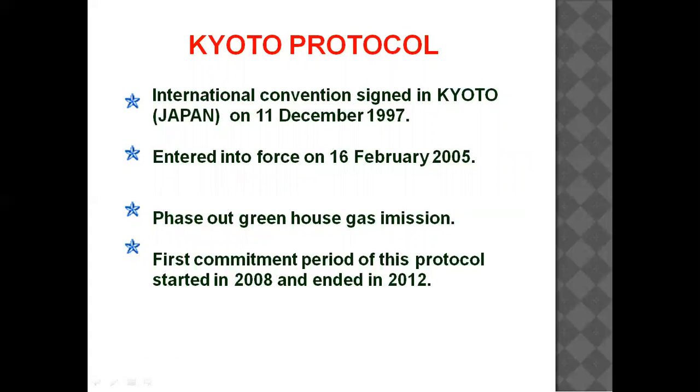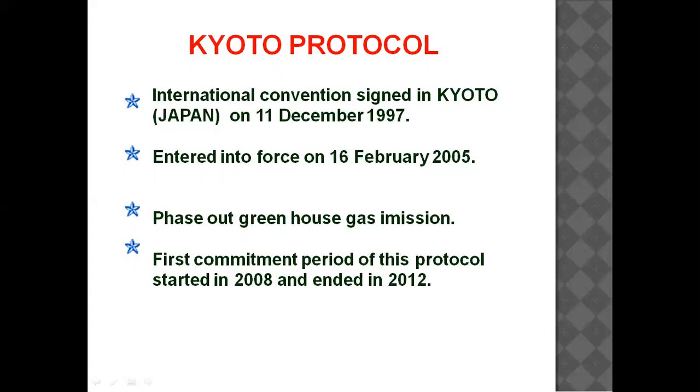In 1997, another international convention was signed in Kyoto, which is a city in Japan, and this protocol was taken on the basis of greenhouse gas emission, to control the greenhouse gas emissions.